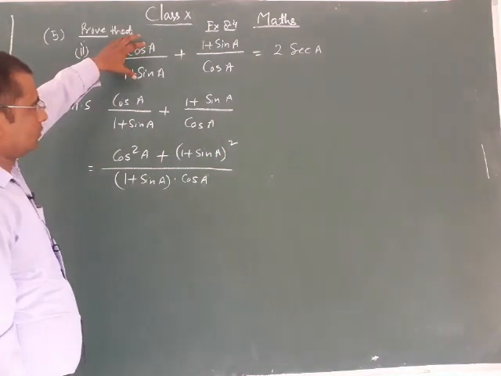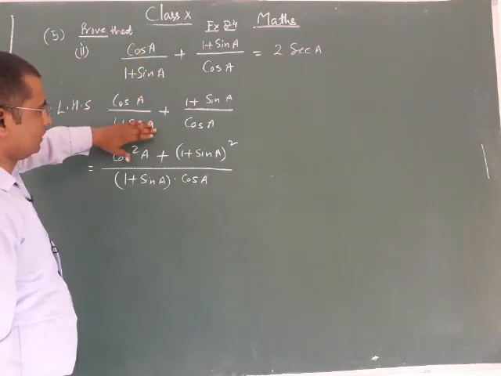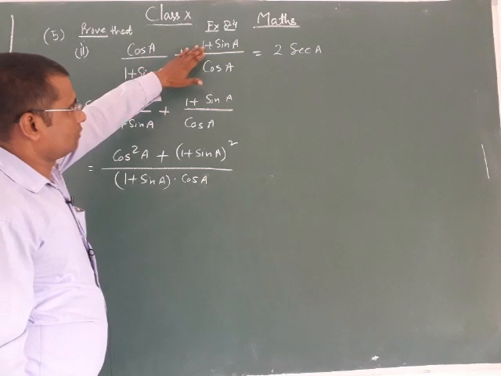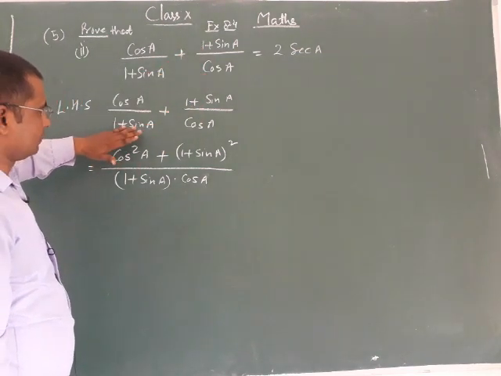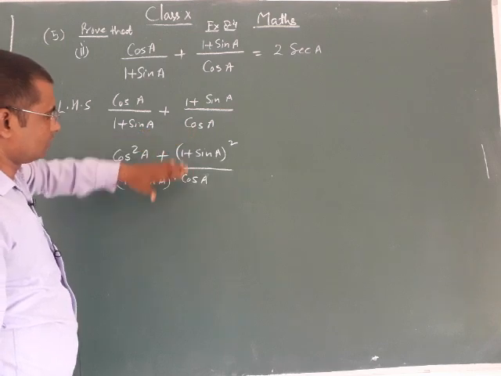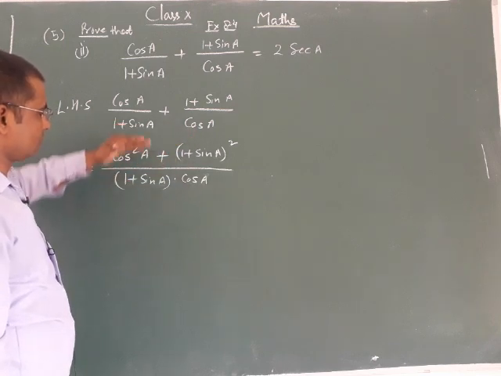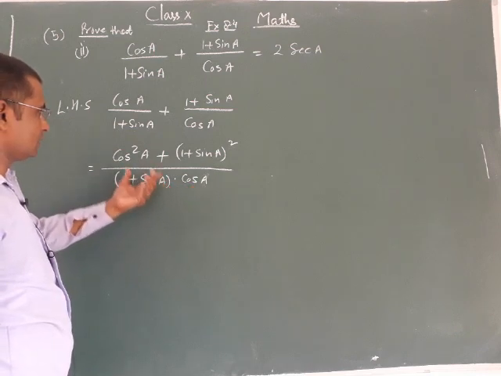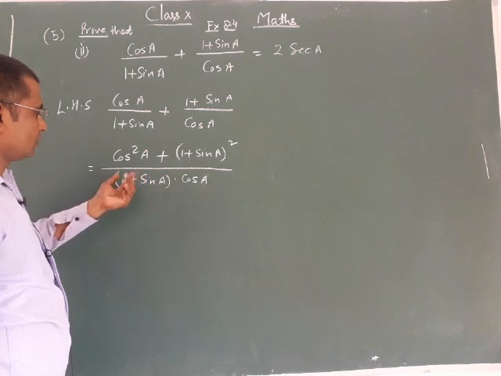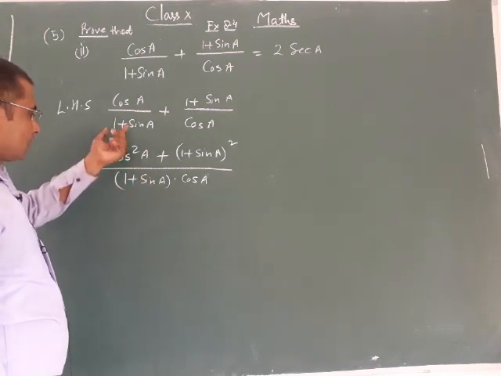So, taking LHS, cos A upon 1 plus sin A plus 1 plus sin A upon cos A. Now, taking LCM, (1 plus sin A) into cos A. So, the denominator is 1 plus sin A, so LCM is (1 plus sin A) cos A. Dividing by this 1 plus sin A, 1 plus sin A cancels out.